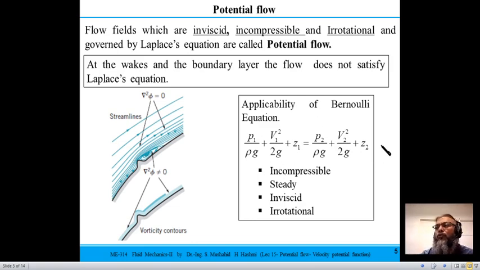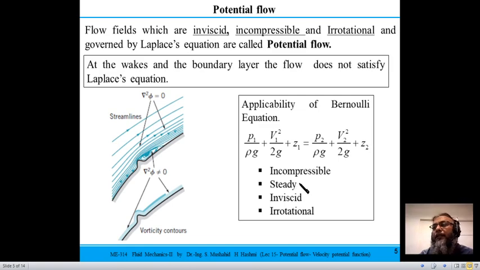So far we have not included the friction terms, so it is something like frictionless. We call such flows inviscid, and the density is constant, so it must be incompressible, and there is no point of calculating the velocities or pressure distribution in terms of time.